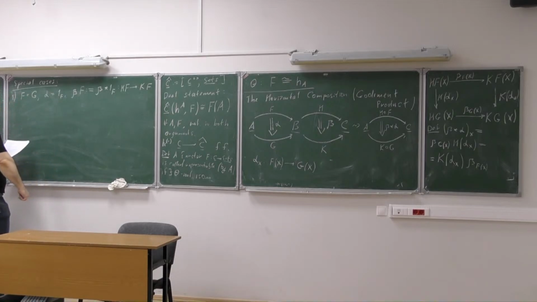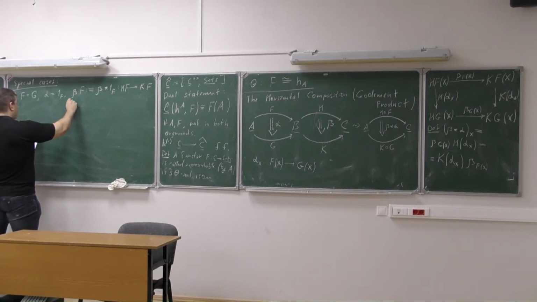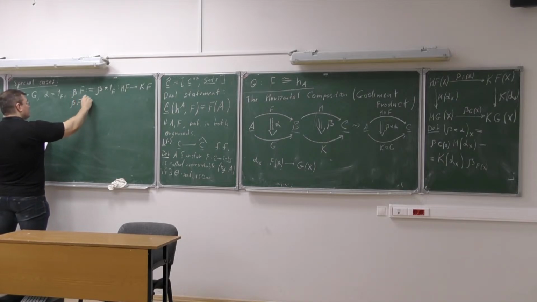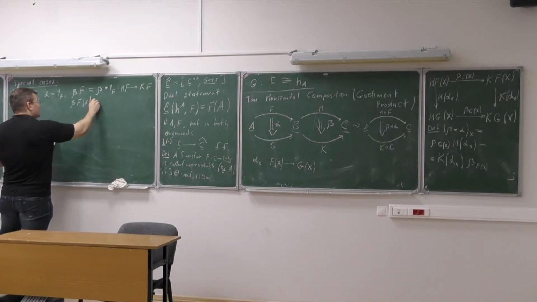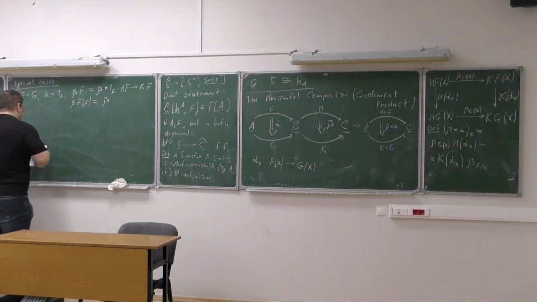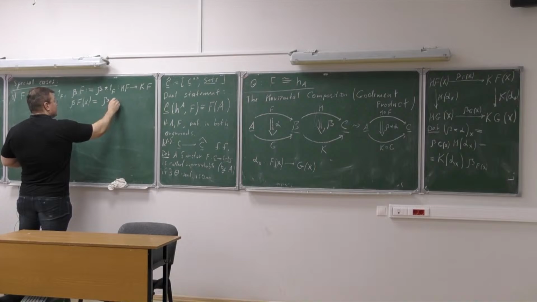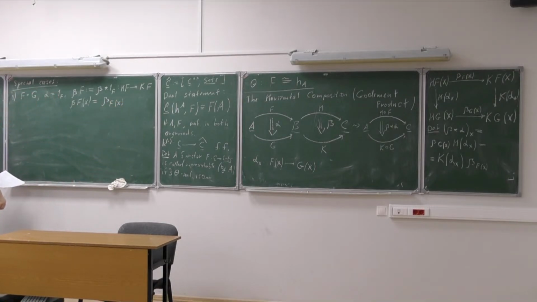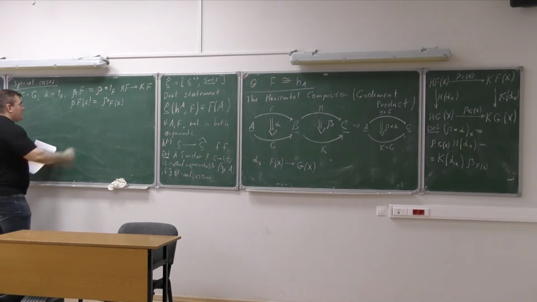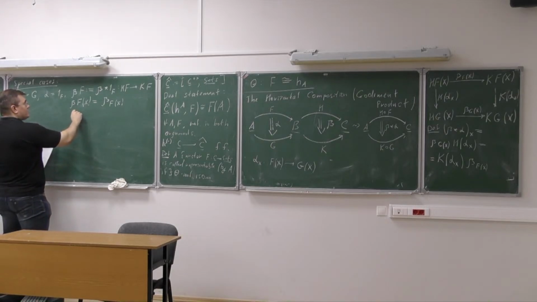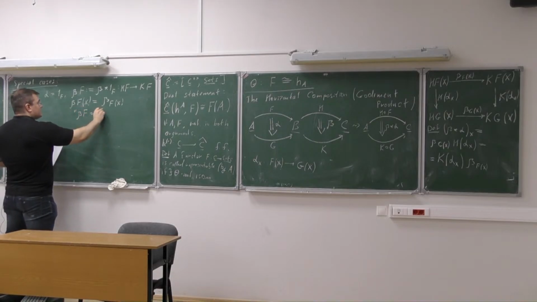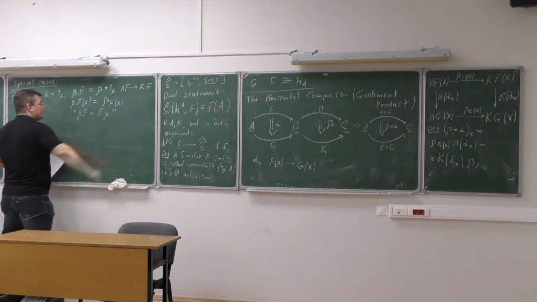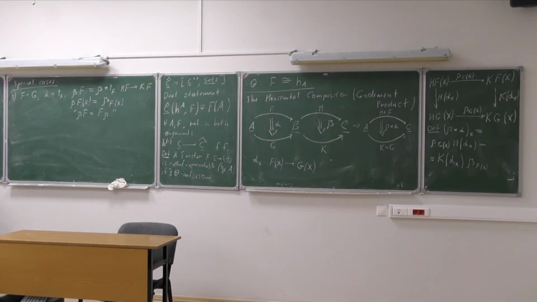Or more precisely, if we want to understand this for components and objects, this is not so hard to do. If you look at the definition, this will be beta, but its component not at x, but at f of x. Also, sometimes people for shortness write something like this. So the formal notation for this would be beta f is the same as beta sub f. You can write such formulas just to remember what we're doing.